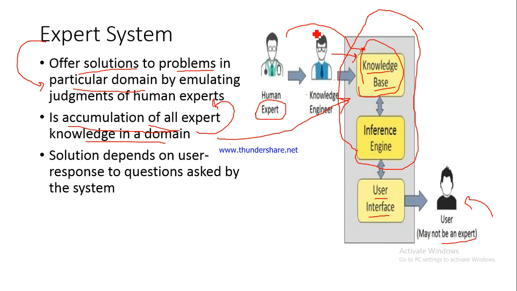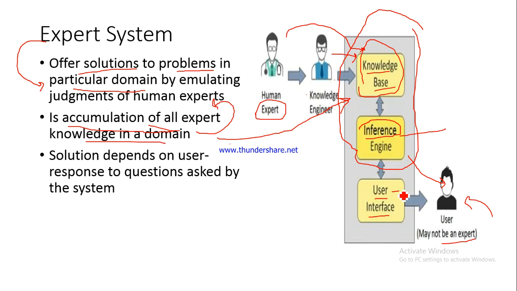Fine, and this job is being done by the knowledge engineer, hence the designation knowledge engineer, right? And then there would be an inference engine. Now what will this inference engine do? This will use this knowledge, apply some models and some analysis techniques, and this would give inference. It would give its result to the user through the interface, of course.